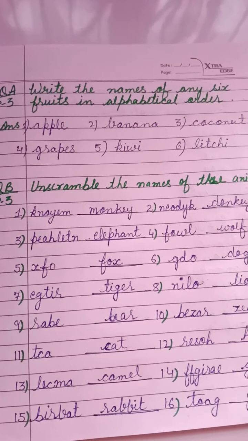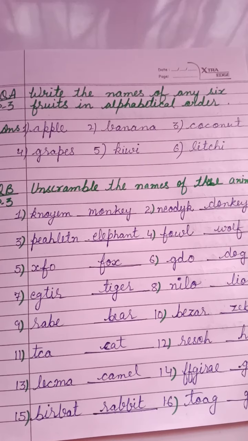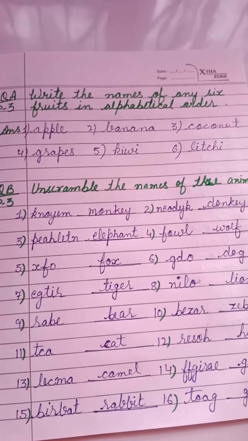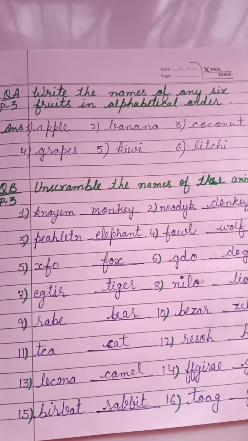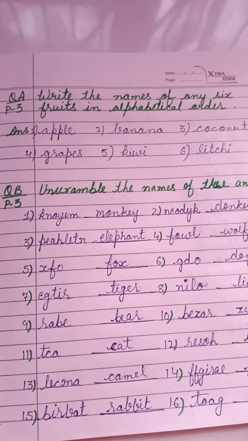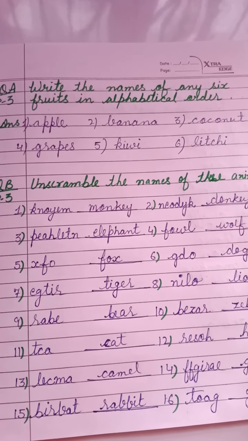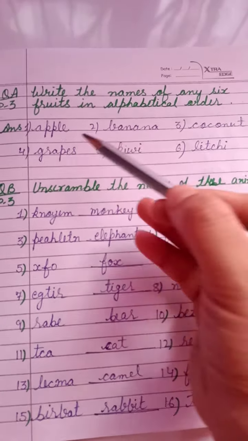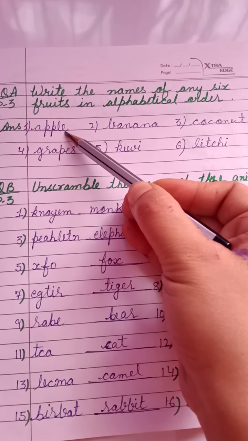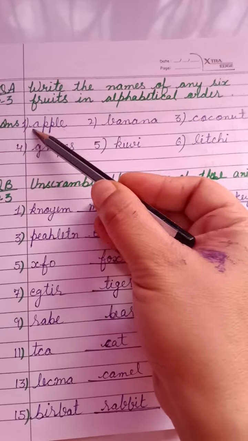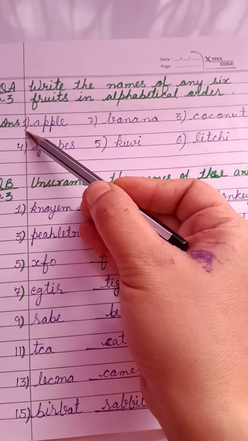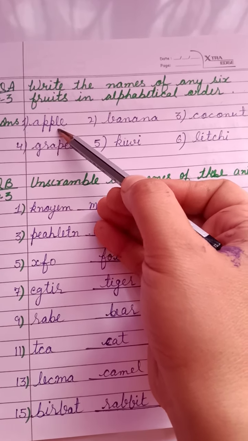First of all you will take the first alphabet, that is A, and think of the name of a fruit that starts with letter A. So the first name that comes to your mind is apple. So A for apple, at number 1 we will write apple.